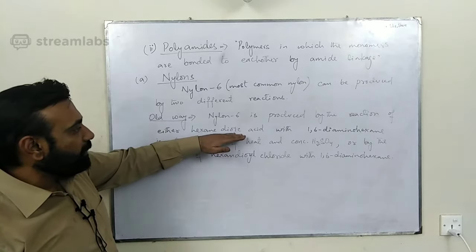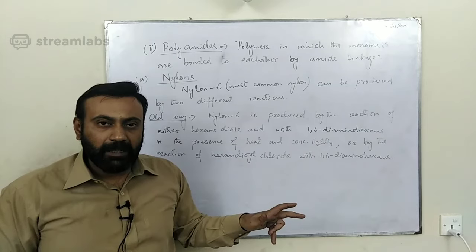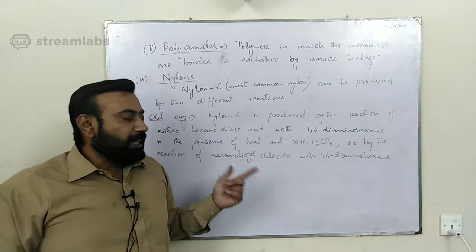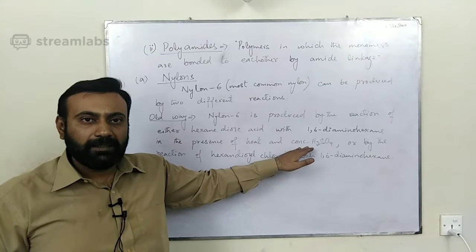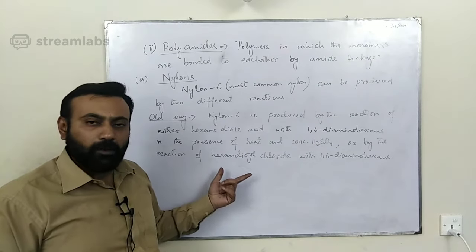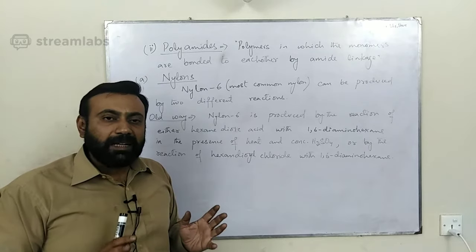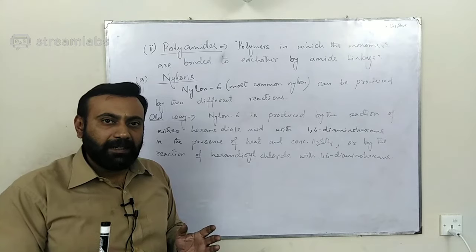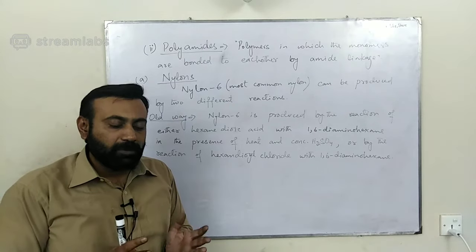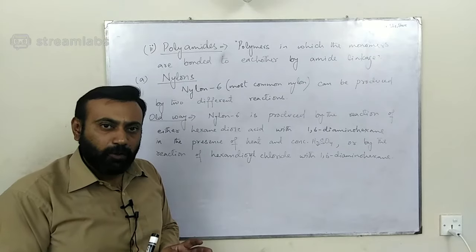The difference is that hexane dioic acid requires heating and a catalyst, concentrated sulfuric acid. But hexane dioyl chloride does not require heating or any catalyst. It proceeds at a significant rate at room temperature.